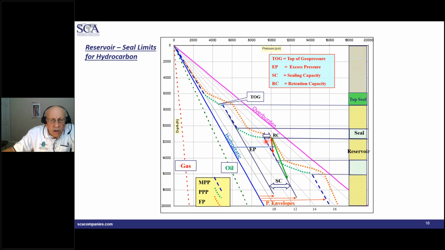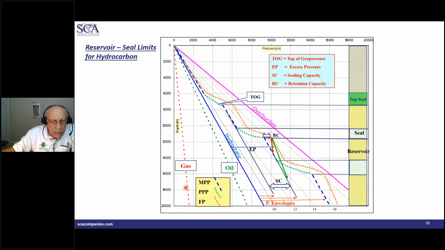How much hydrocarbon can we trap here? If we have 4-way closure, not 3-way, 4-way. 4-way means it's like this. We're going to see an example pretty soon.